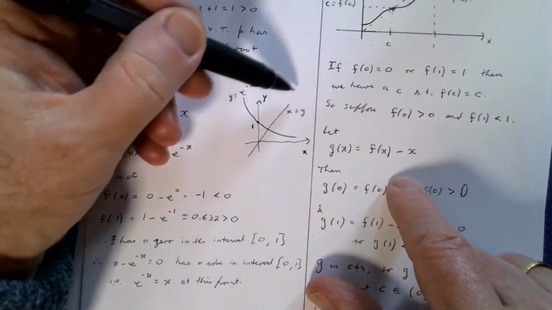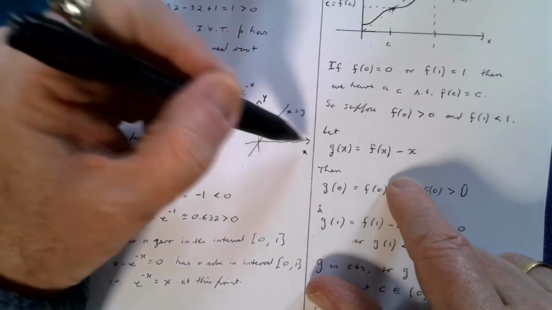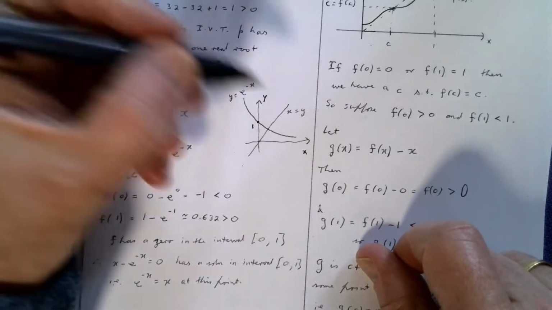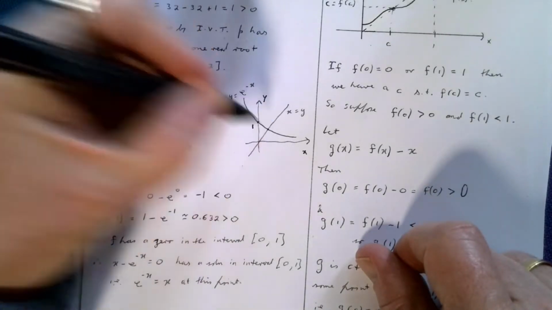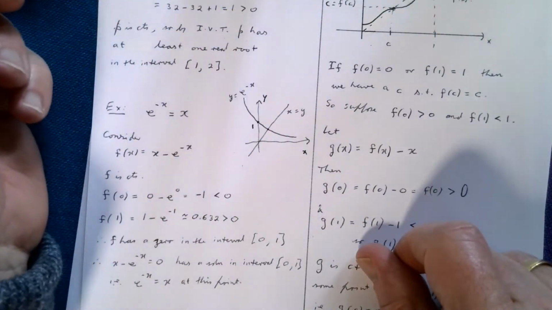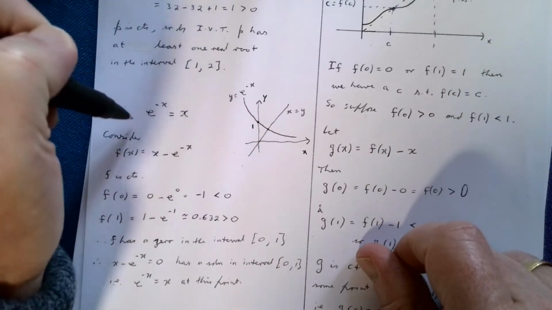And y equals x is this line through here, and you can see graphically that these two do intersect each other somewhere, which is this point here. But exactly what the x-coordinate of this is is very hard to determine. All we're going to do here is prove formally that there is a solution to this equation.